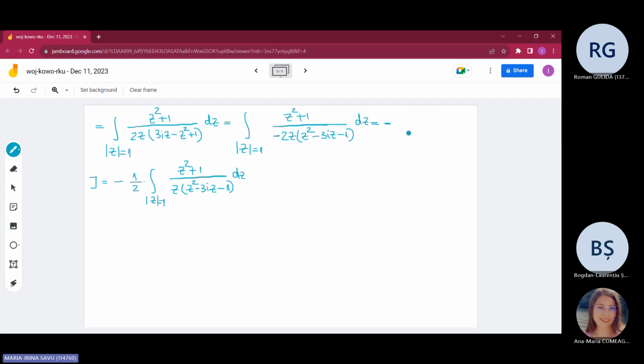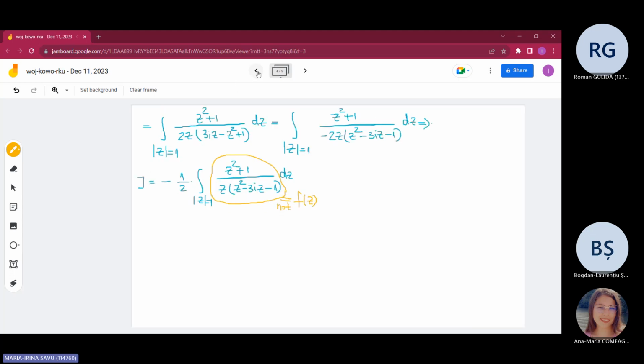And this was I. Okay, so you have that the integral from the beginning is actually minus 1 over 2 times this one. Now, you have to compute this integral using the residue theorem. So let's denote this one by f of z.